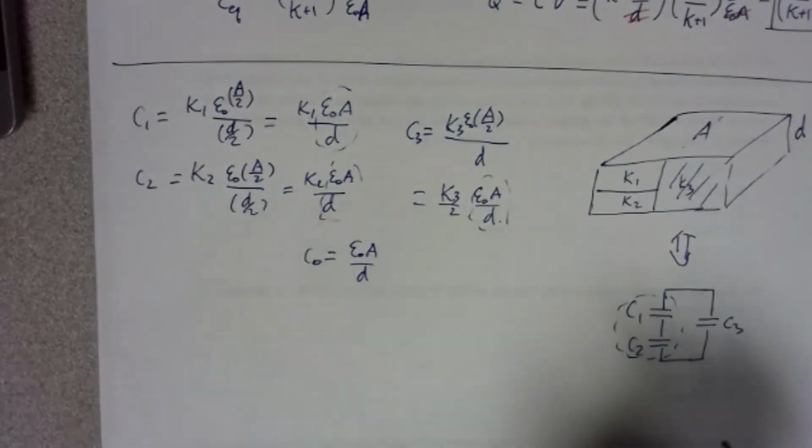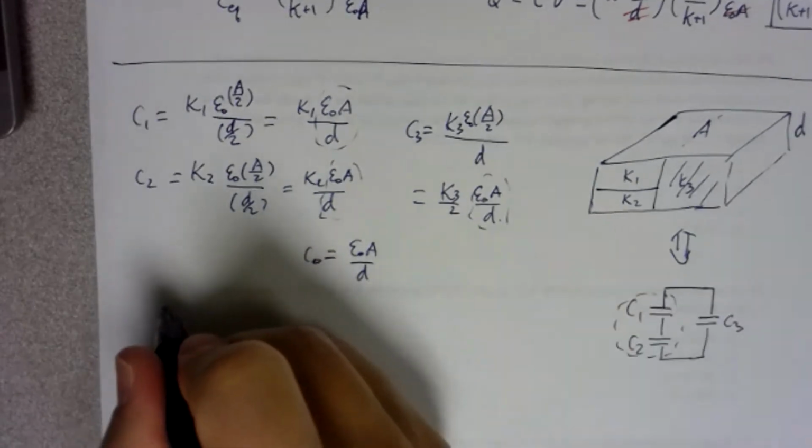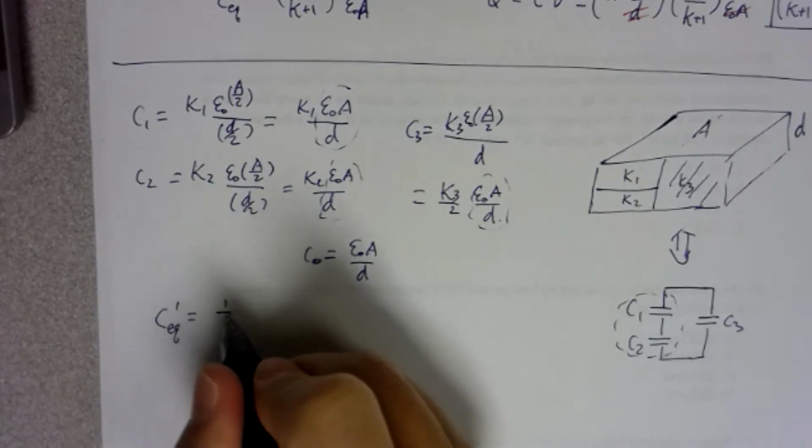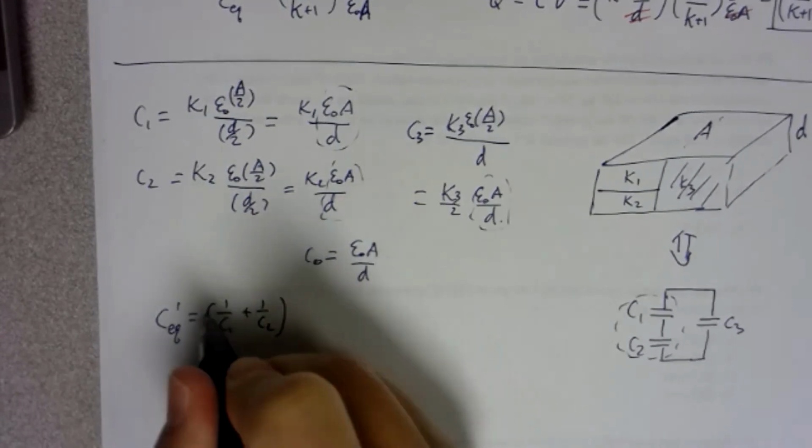So the two in series means the equivalent of that part should be 1 over C1 plus 1 over C2, and then inverse.